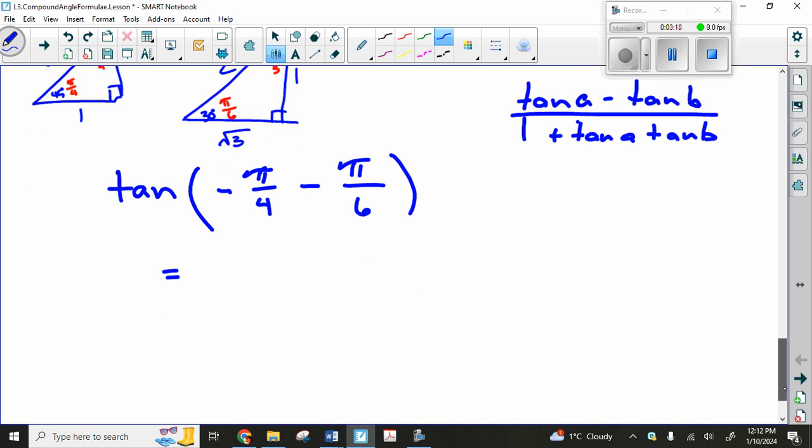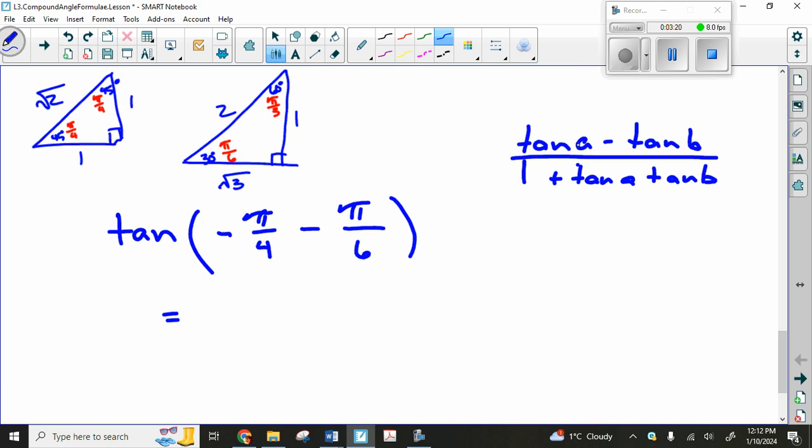Okay, so tan of A is tan of negative 45. We're going to use subtraction. And what is tan of a negative 45? I'm just going to use my calculator. No, I can just use this. Negative tan of 45. Tan of 45 would be 1, opposite over adjacent.